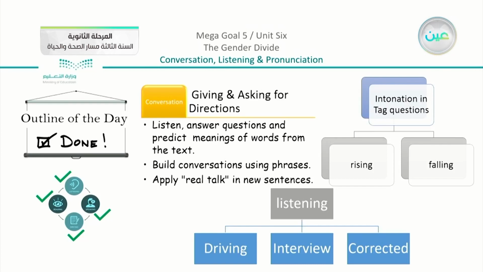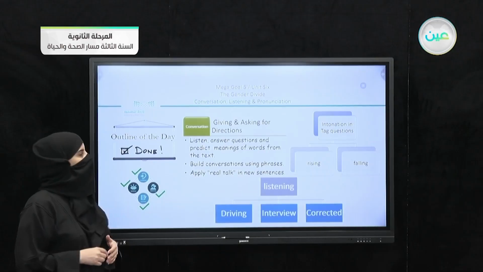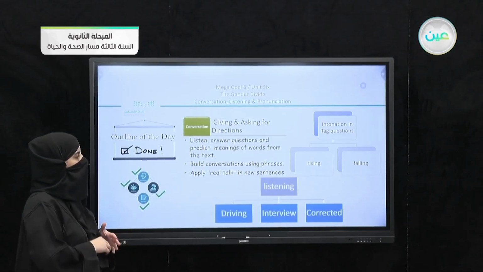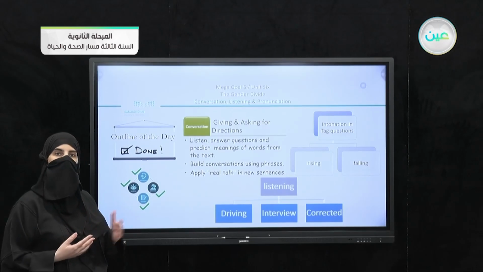At the very end, our outline for the day: we have first of all our conversation part where we had the part about giving and asking directions. We listened, answered questions, and predicted meanings of words from the text. We built conversations using phrases and applied real talk in sentences. Then we moved on to the listening part, where we had an interview about driving.